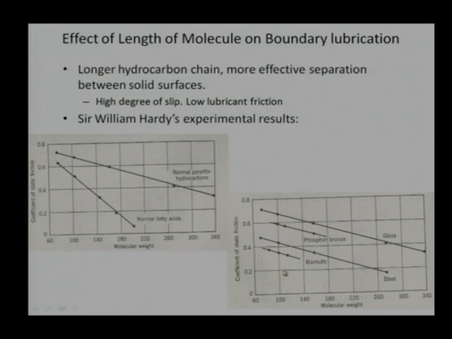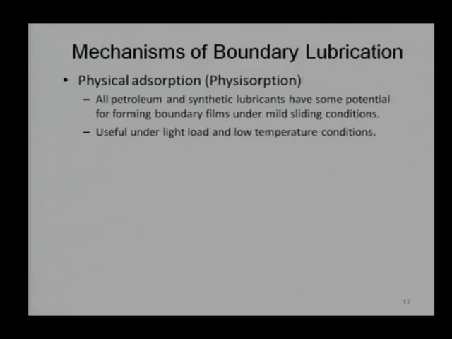Similarly for the steel surface. In all the cases we see a linear profile: as molecular weight increases, the coefficient of friction comes down, but the attachment of the individual layer depends on the material we are using. We can now understand some mechanisms of boundary lubrication.